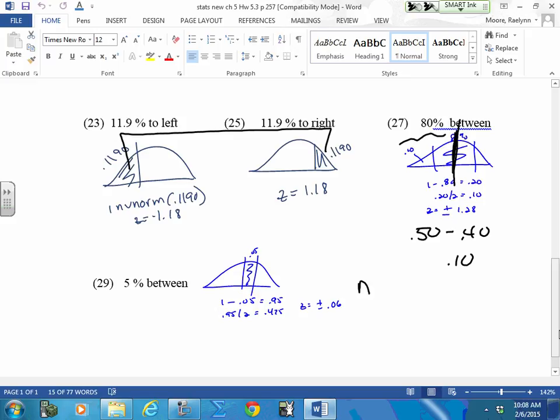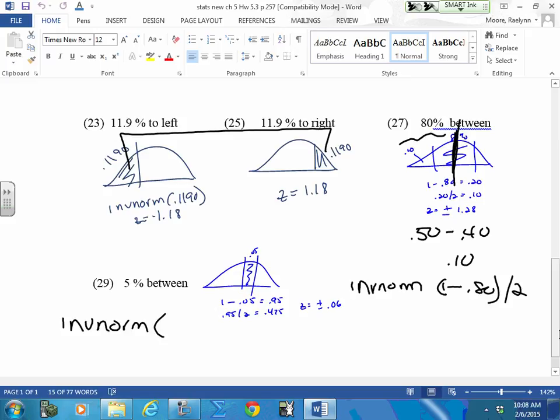You got to do an inverse norm. And remember, in your inverse norm, you can actually do this. 1 minus 0.80 divided by 2. You can put that in your inverse norm so that you don't even have to make a mistake with that. It's a little trickier with the 83s because the 83s, they give you a parentheses to start.